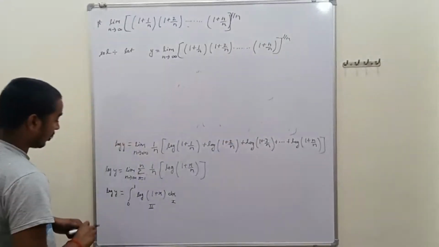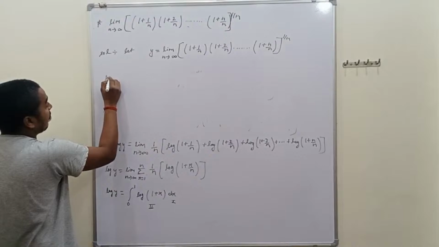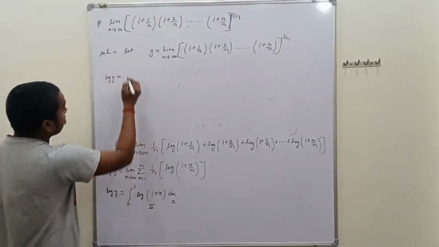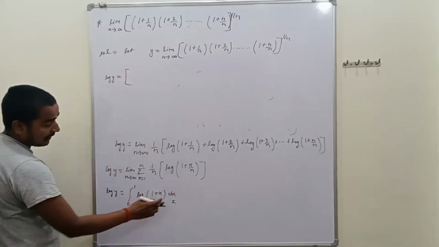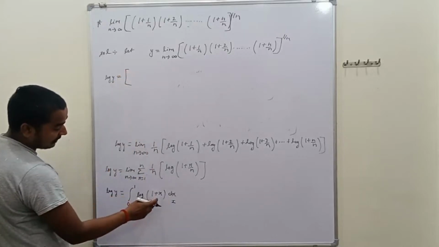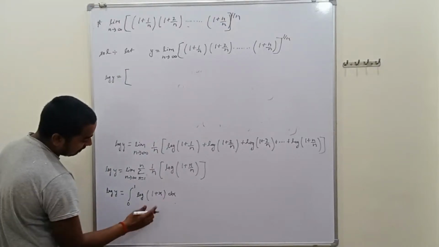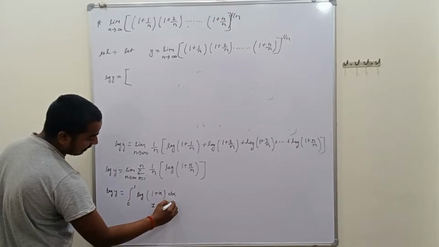We have to solve, that is log y is equal to the integration of log(1 + x), once again. This is taken as the first function and this is the second function.